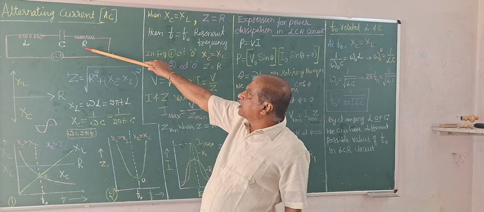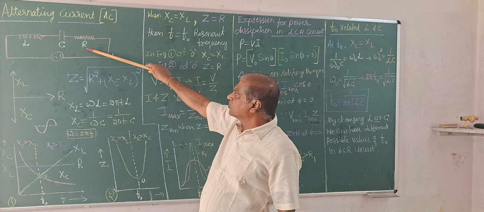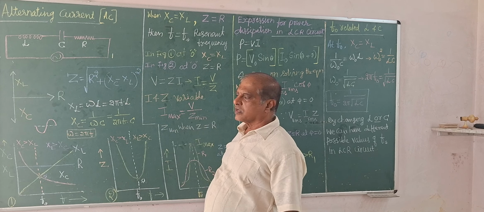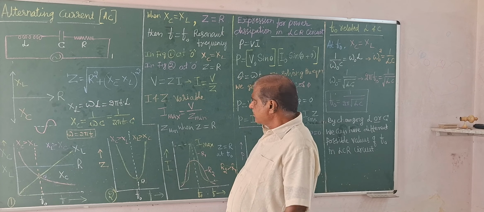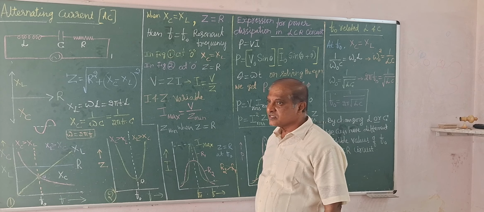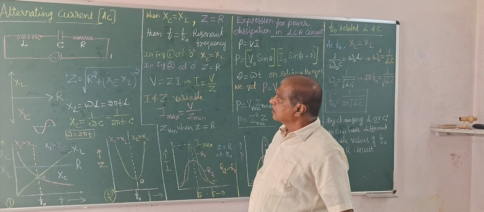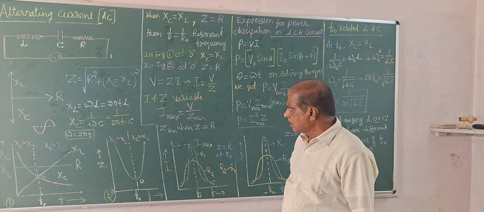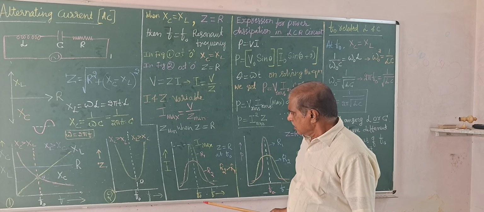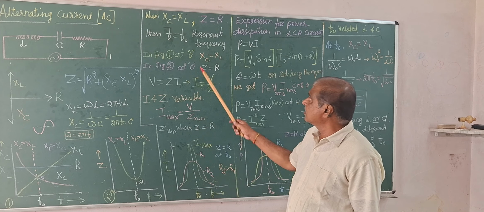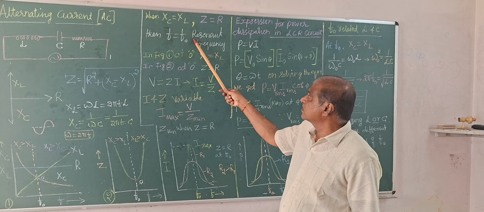If the maximum current flows through the circuit, which AC signal is it? The AC signal of F0. What is the AC signal of F0? The AC signal of this F0 is the resonant frequency.